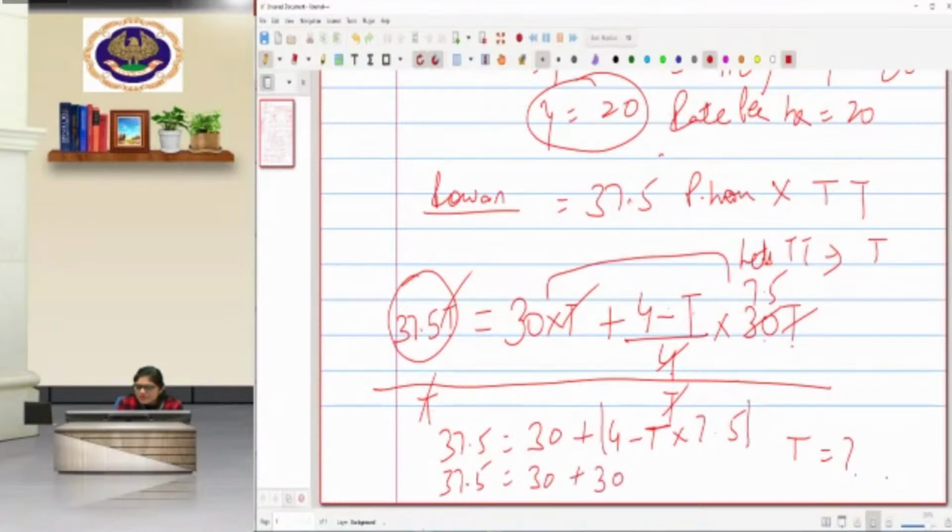So it will be again 30 minus 7.5 T. Just solve the value of T. I've got the answers. A couple of students have calculated the answer. T comes out to 3.